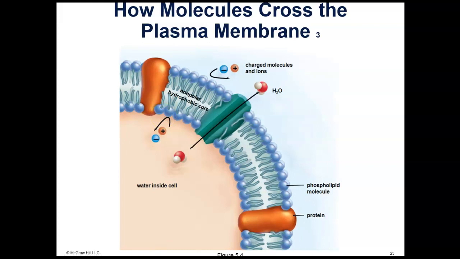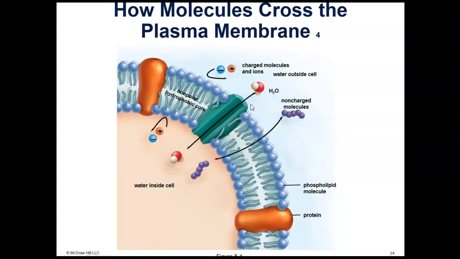But water can move through aquaporins, and sometimes a small amount can even move through the phospholipid bilayer just because water is so small. It's technically polar, and so it shouldn't be able to, but because it's so small, some water molecules will get through that phospholipid bilayer. But mostly water moves through the aquaporins.